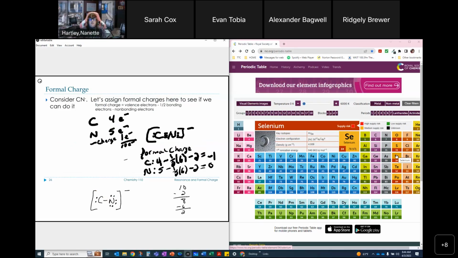And I look at that and go, right. I'm not sure that I'm happy. And I know that I'm not happy because if I look at that, carbon doesn't have enough electrons around it, right? It has access to the 2 from this bond, and it has access to the 2 in this lone pair, but that's only 4, right? And while nitrogen has access to 8, it just doesn't feel right. Why are all the electrons on the nitrogen?